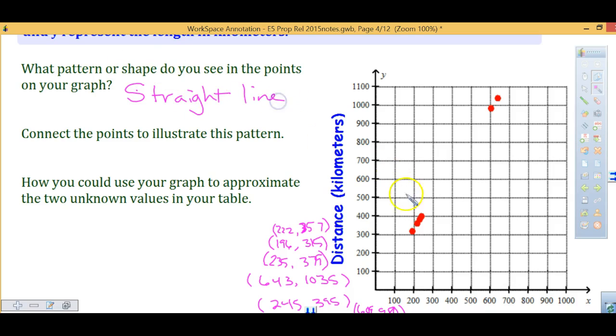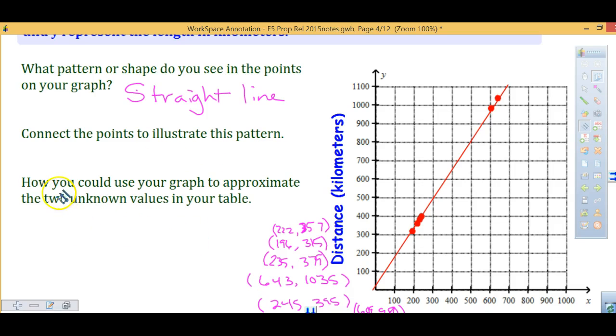Sometimes it's best to take a ruler and actually draw this straight line. So we are taking a line and going straight through, connecting the points in our pattern.